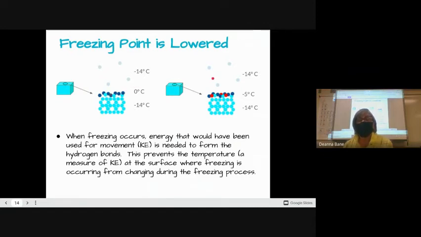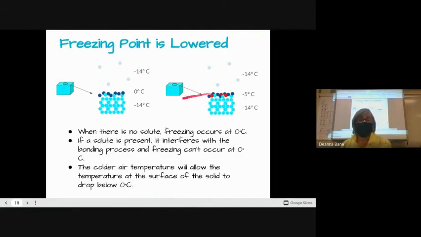Okay. Once we add a solute, notice how the freezing point has changed. So when there's no solute, freezing of water, for example, occurs at 0 degrees Celsius. But if a solute is present, it interferes with that bonding process, so freezing can't occur at 0 degrees.